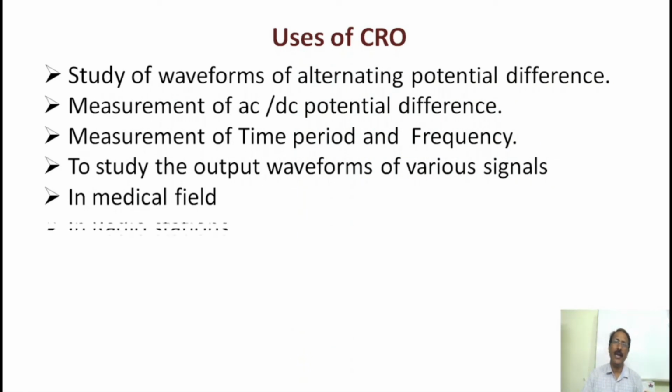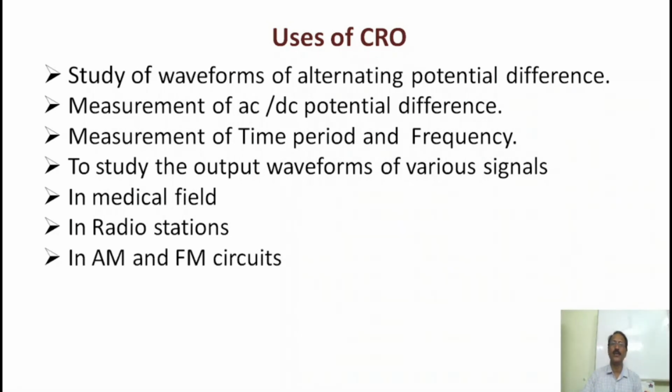In radio stations, voltage and current waveform can be observed to take necessary decision. This device is used to check AM and FM circuit characteristics.